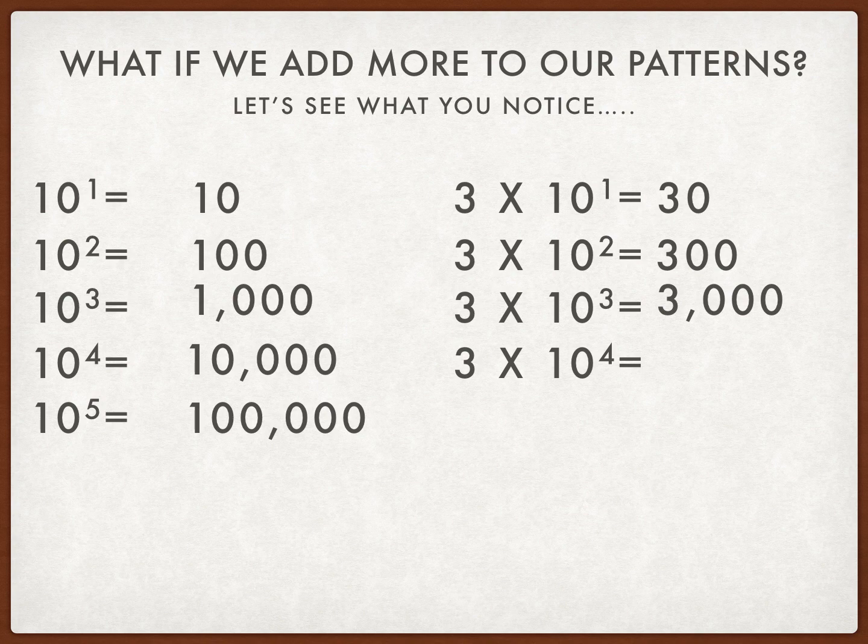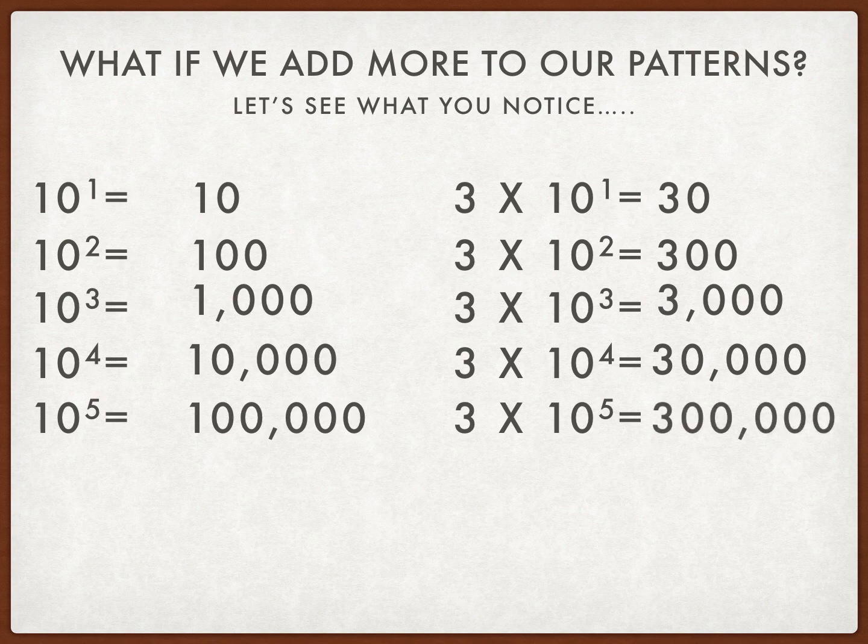So in this question, they want us to do 3 times 10,000, which is 30,000. And the last one is 3 times 10 to the fifth power. We already know 10 to the fifth power is 100,000. And now we have to find out what 3 times 100,000 is. And we would get 300,000.